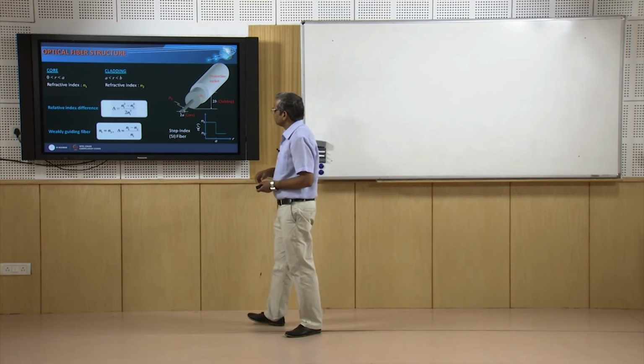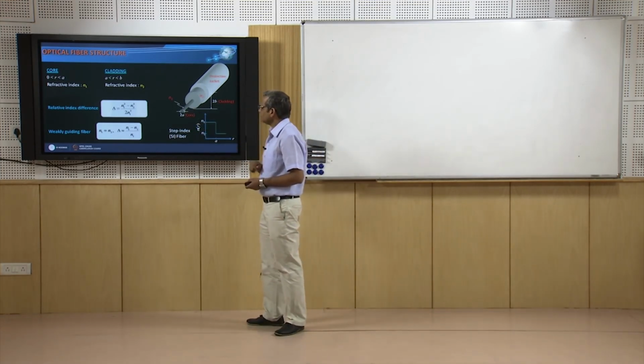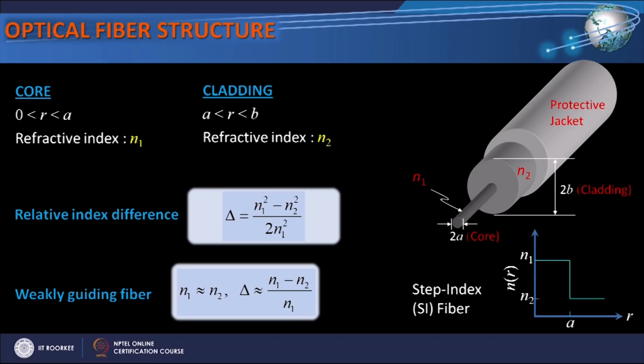This fiber has a high index core of refractive index N1 and radius A, which is surrounded by a cladding of refractive index N2 and radius B. So, if I look at the refractive index variation in this region, then in the core, which is defined by 0 is less than R is less than A, the refractive index is N1.